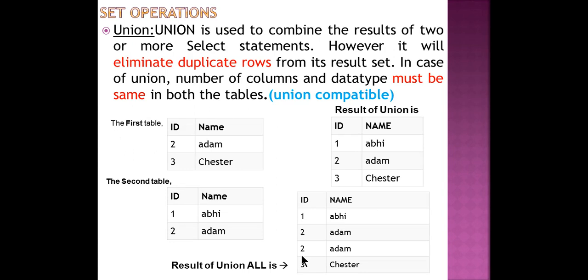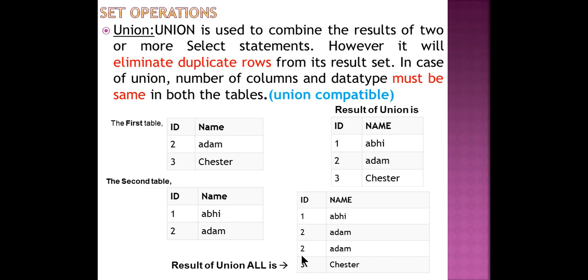Another important operation in SQL is set operation. You know, set operations are applied on two different sets, right? In SQL, if you want to apply the set operations, the two tables must be compatible with each other.